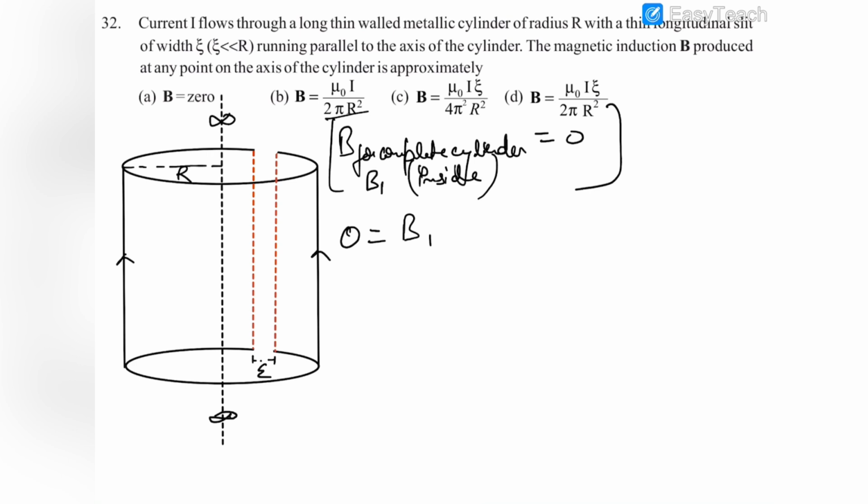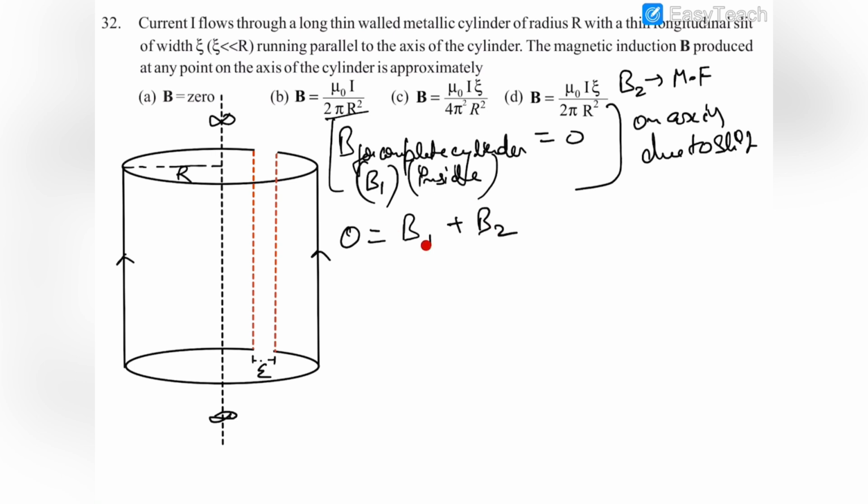Let us suppose that this is B1, and B due to the slit is B2. I have assumed that B2 is the magnetic field on the axis due to the slit. The sum of these two will be 0, and therefore the magnitude of B1 will be equal to the magnitude of B2.